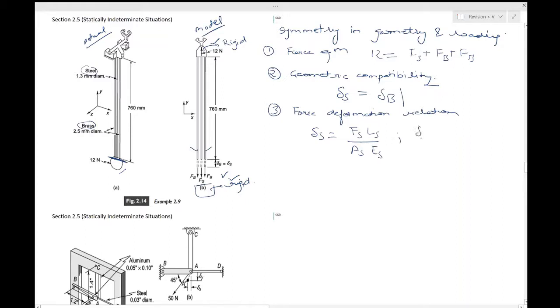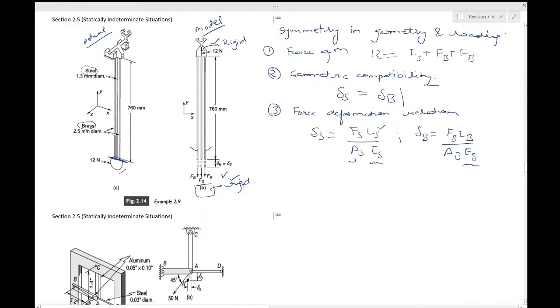Similarly for the brass one, you would write Fb, Lb, Ab and Eb. So you will find the elasticity modulus from the table. Area is already given to you. The diameter is given, you can convert it with pi r square into the area. Okay, and then you will have the length, which is also given in the diagram.